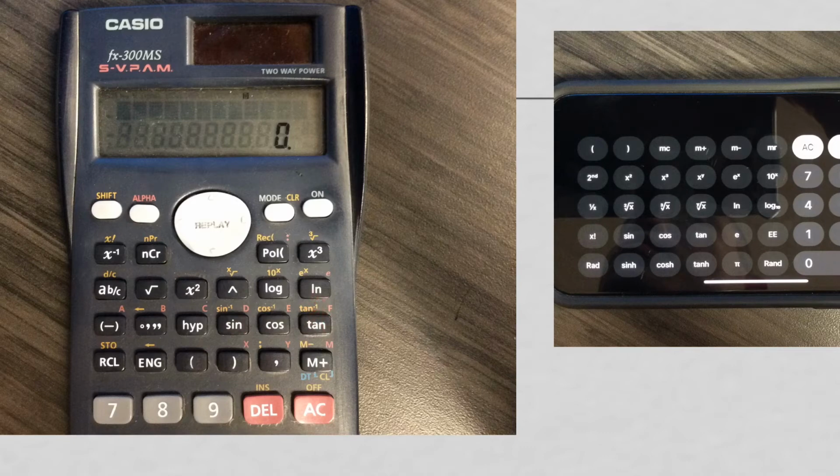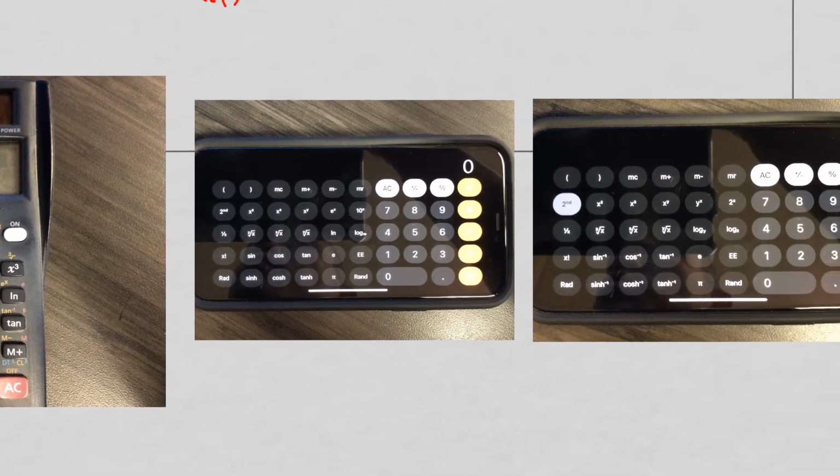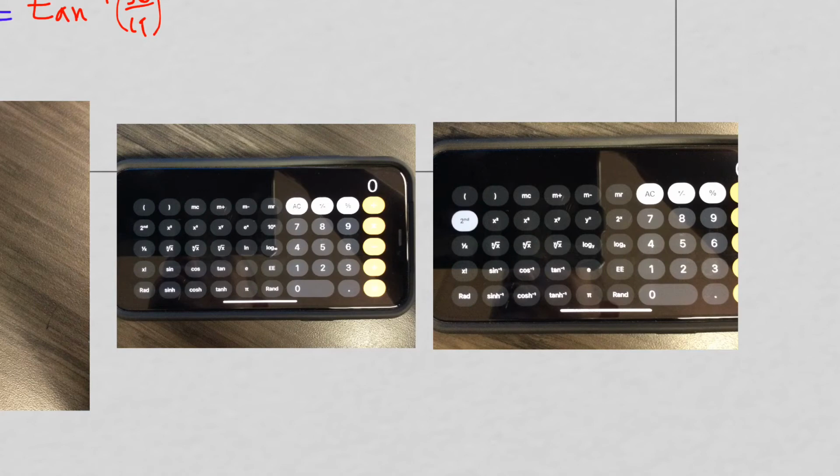That's on this calculator. Now on my iPhone, if I want to get an inverse trig ratio, in my current iPhone I see sine, cosine, and tangent. So I don't see it here. So what I'll do is press this second button. When you press the second button, it'll change these sine, cosine, and tangent to inverse sine, inverse cosine, inverse tangent. So when the second button is pressed, it gives you the inverses of your trig ratios.